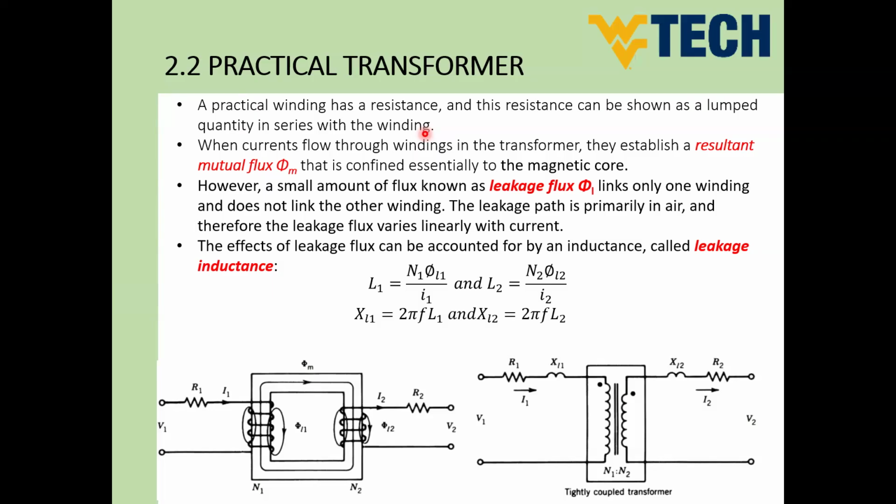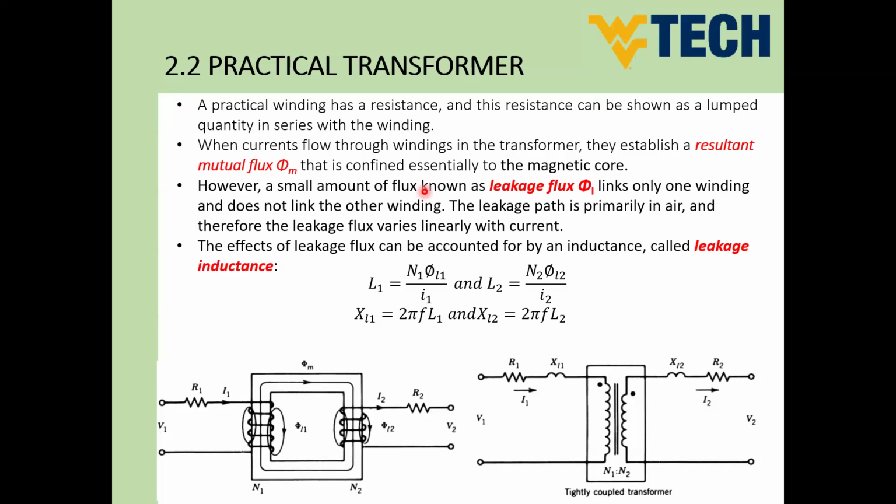You know for the resistance of any wire, it's rho L divided by A, which is the resistance of this wire. So for any inductance, guys, you will have what's called equivalent series resistance. So in our transformer, for sure, you will have equivalent series resistance for our windings.